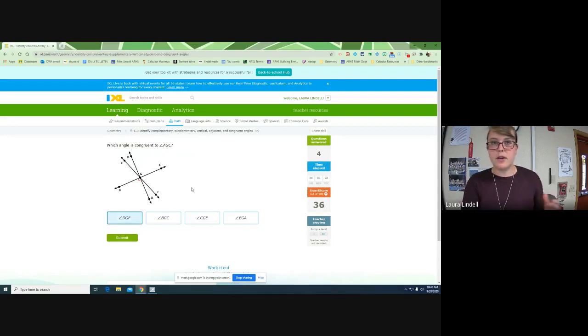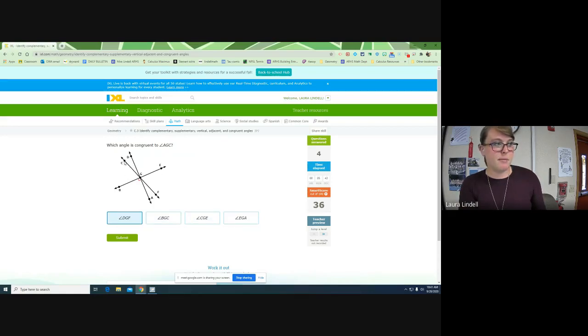Another way that you can go through these is by looking down here at your list of multiple choice options and going, okay, well, BGC, where's that? BGC looks a lot smaller than CGA or AGC, the one that we're supposed to find one that's congruent to. Or CGE.